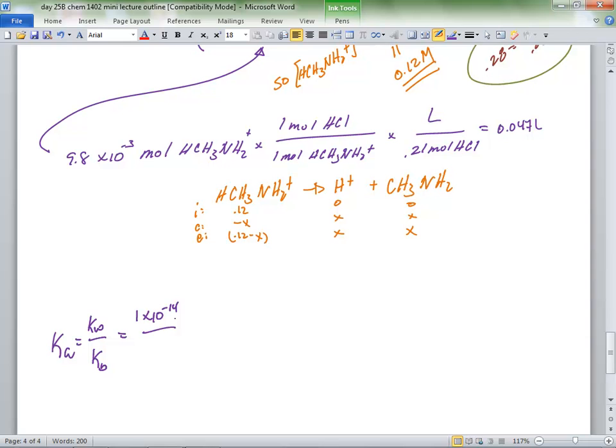What is its Kb, Alyssa? 4.4 times 10 negative 4. Then what did you get for its Ka? 2.27 times 10 negative 4. Is that okay with folks? Alrighty. So that has to equal x squared all over 0.12 minus x.